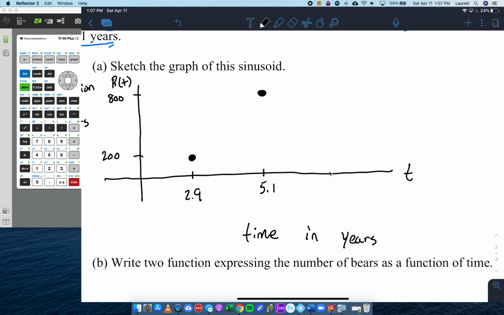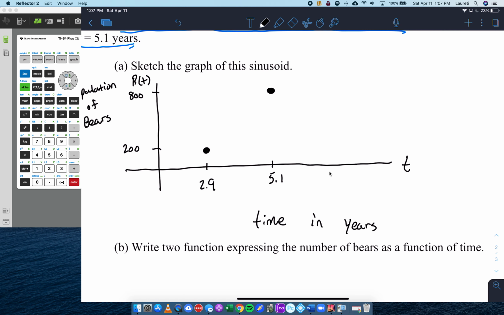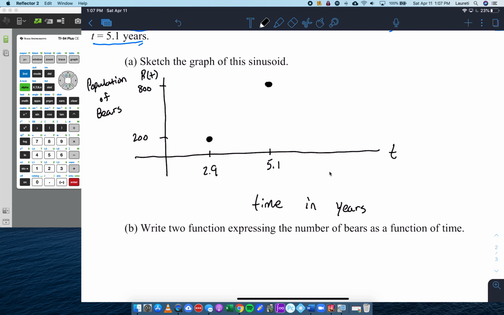Now, how do we come up with the other points, okay? Now, 2.9 is a low point, and then 5.1 is a high point, okay? Now I need an axis value in between that, another axis value, and another low point.